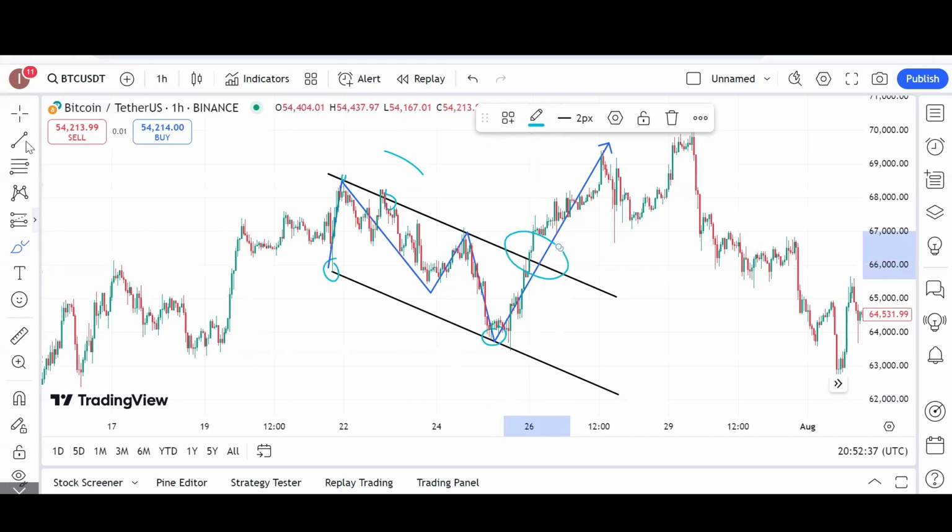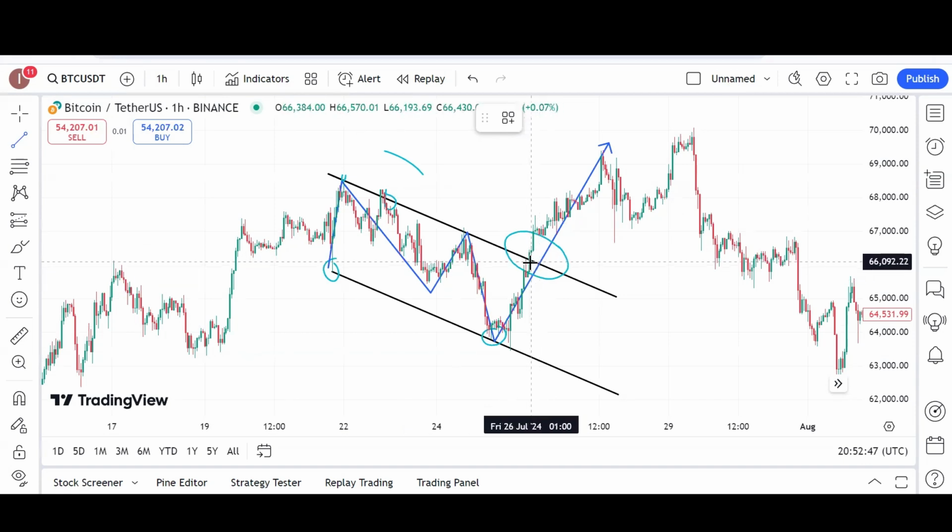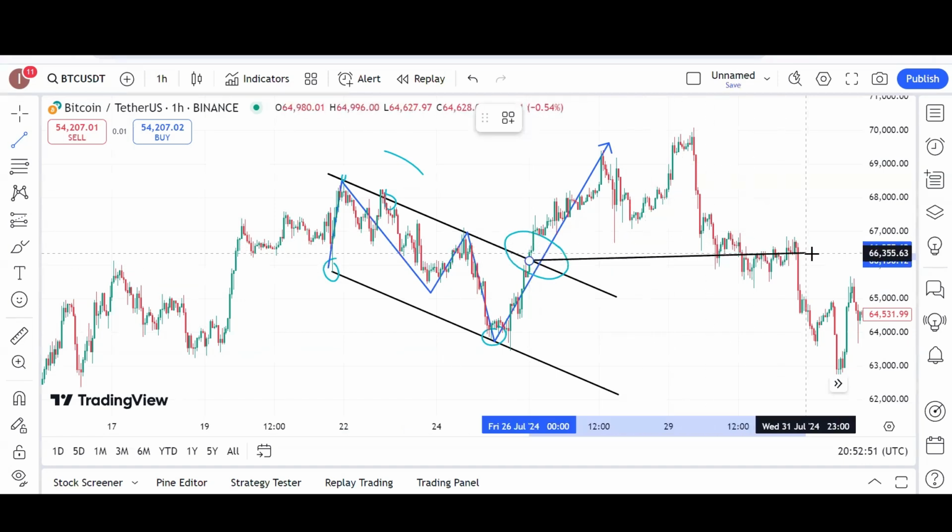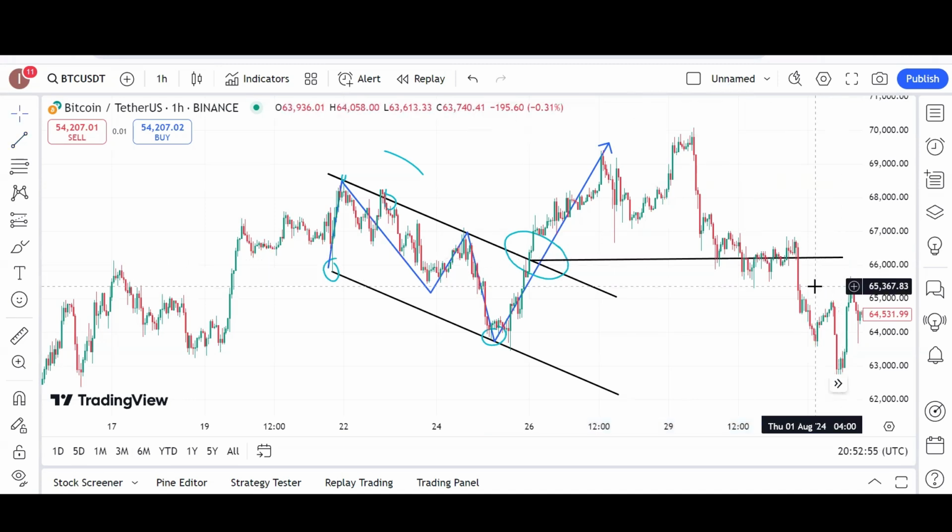As you can see, when BTC broke our trend line, at the point of the break, its resistance changed into the support level.